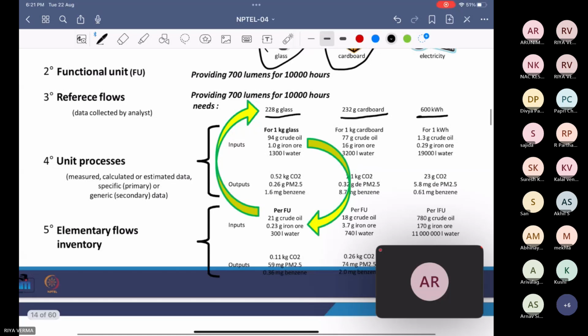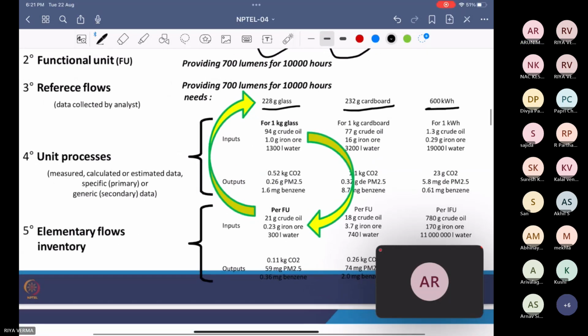Yes, ma'am. Okay. So basically, we have certain inputs and outputs, like we defined earlier. For making 1 kg of glass, the inputs will be 94 grams of crude oil, 1 gram of iron ore, and 1300 liters of water. So this is your input for 1 kg of glass.